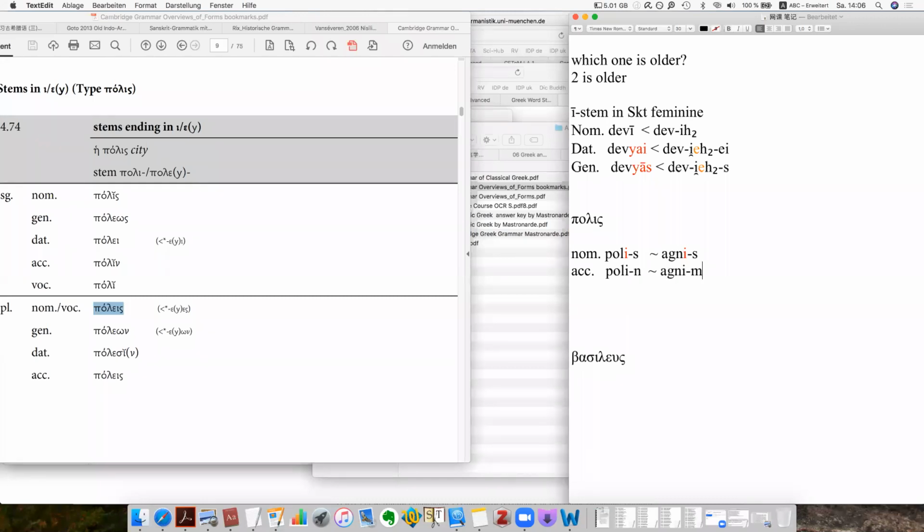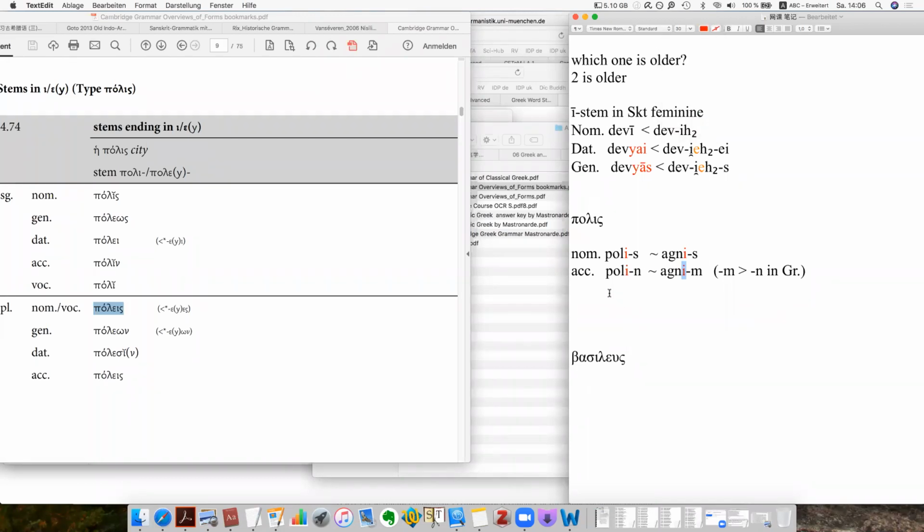Here we have a special sound change in Greek: m at the end turns into n. So this is a special sound change, but basically it's the same. You have an i here, and you also have an i there.